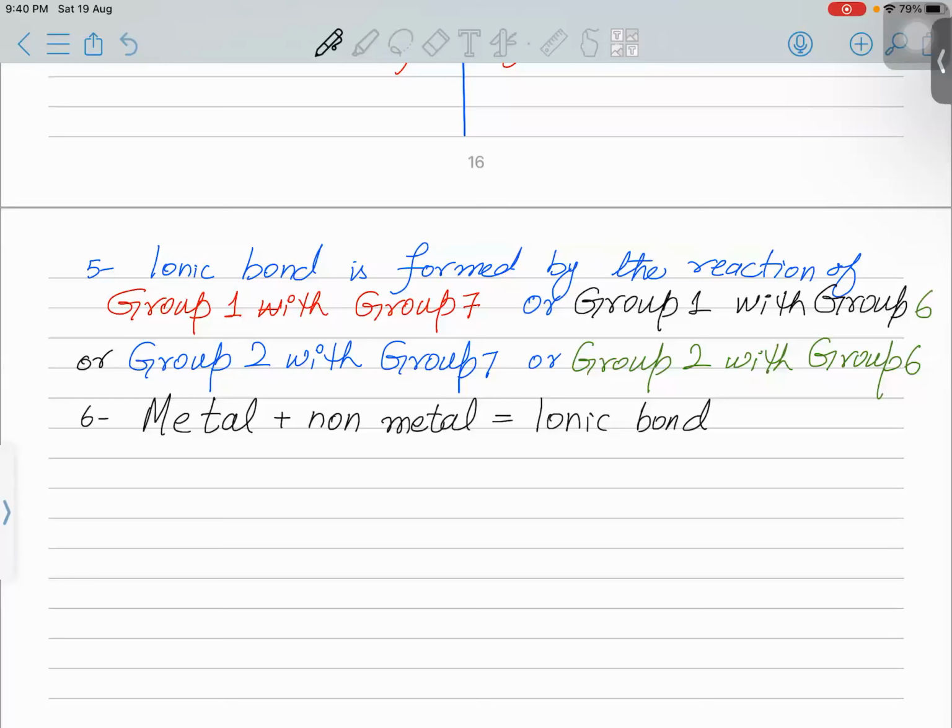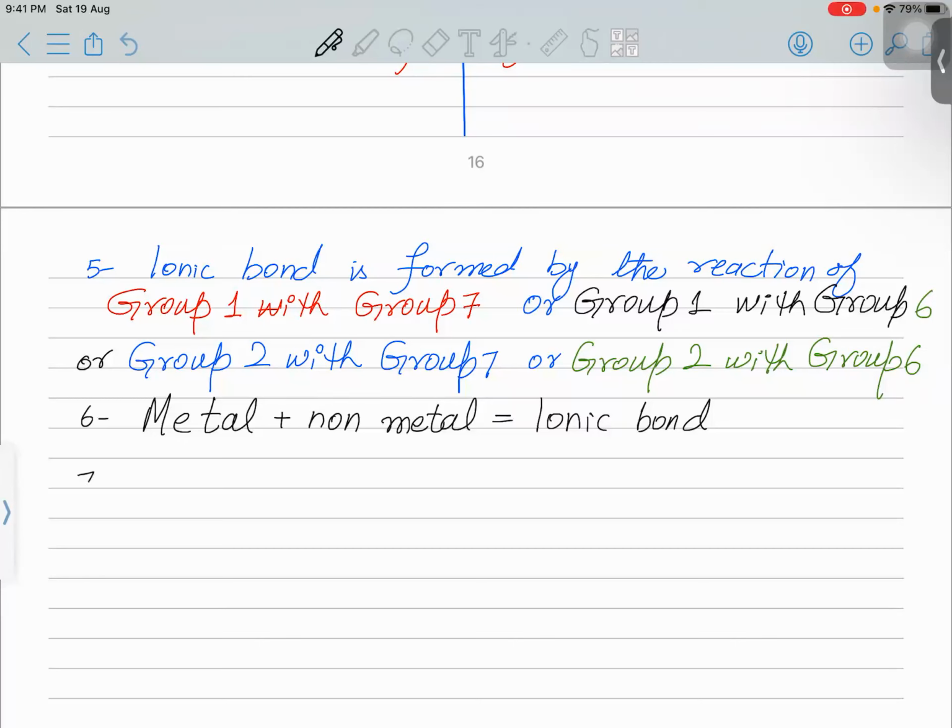Sir, what about group 3? In group 3 we have some exceptions, right? Sometimes they form ionic, sometimes they form covalent. For example, Al2O3 is ionic and AlCl3 is covalent.